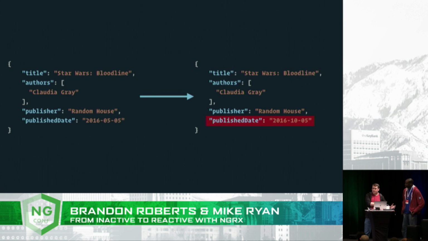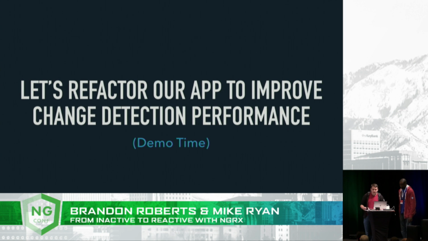We're taking existing objects, copying their property into a new object with just the change. So we really don't need Angular to perform this deep, dirty checking. We want to be able to say, Angular, only check if the object changed, like if the reference has changed. This would give us a significant speed up if we were dealing with thousands of books. So let's go ahead and refactor our app and see how difficult it is now to improve change detection performance.